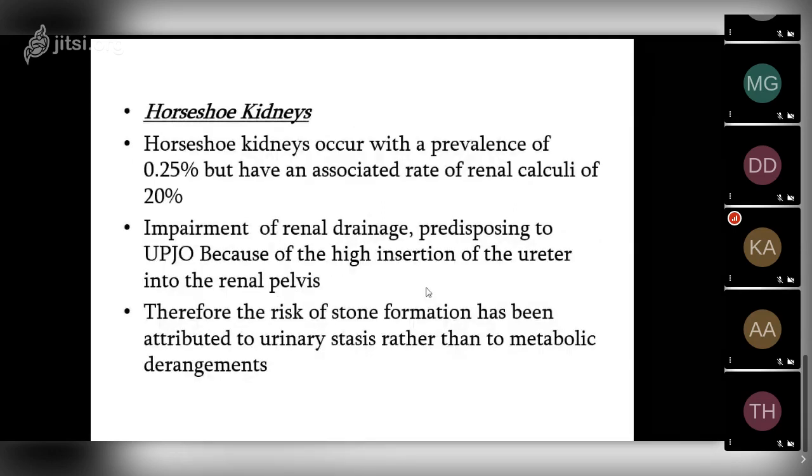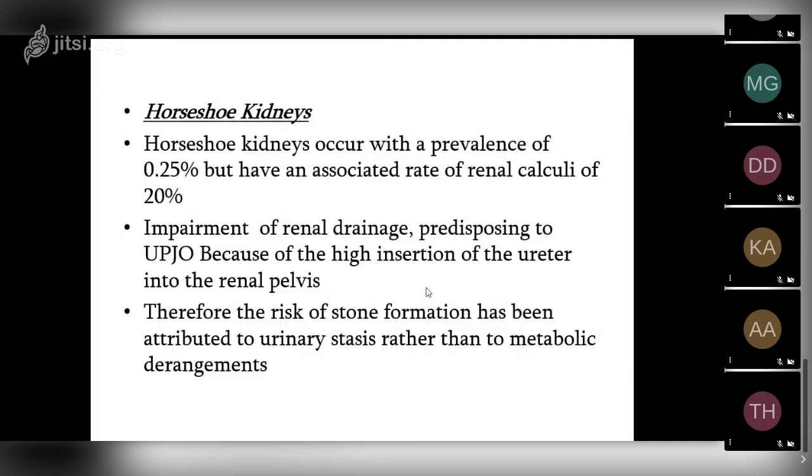The other is the horseshoe kidney. Horseshoe kidney occurs with a prevalence of 0.2% in the general population, but has an associated renal calculi rate of 20%.